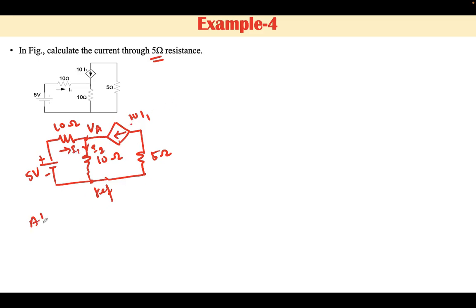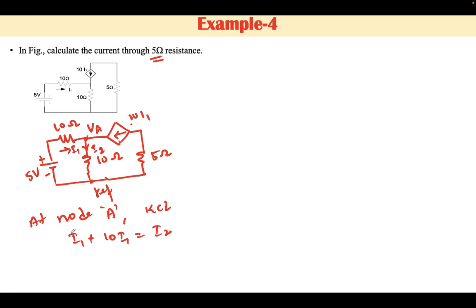Now at node A, applying KCL, we can say I1 plus 10 I1 is equal to I2.